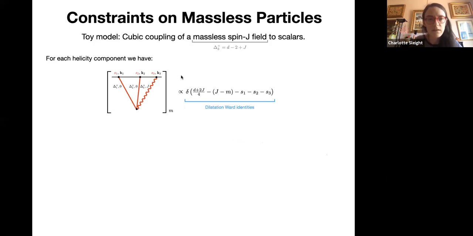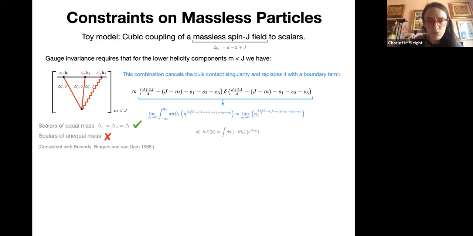And if you make the helicity decomposition of your three-point contact diagram, these Dirac delta functions are present in each helicity component with an argument that is shifted by the number of longitudinal indices, J minus M. So in order for these lower helicity components to be boundary terms, which is required to be consistent with gauge invariance, in each of them we require that this Dirac delta function is accompanied by a factor that is equal to its argument. Just like how boundary terms emerge in momentum space, like I reviewed here.